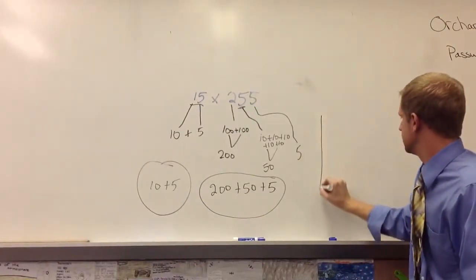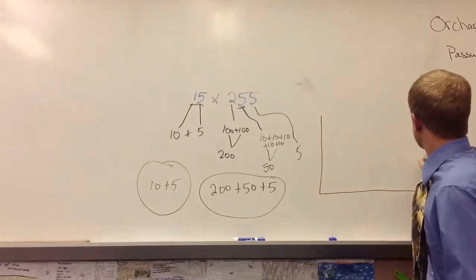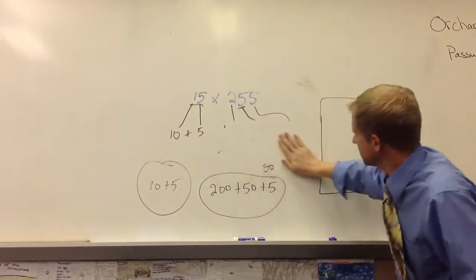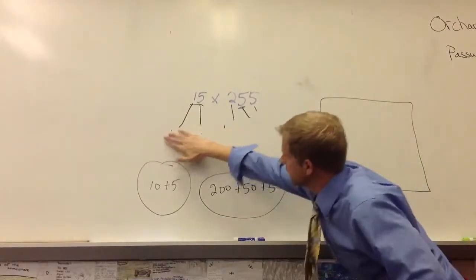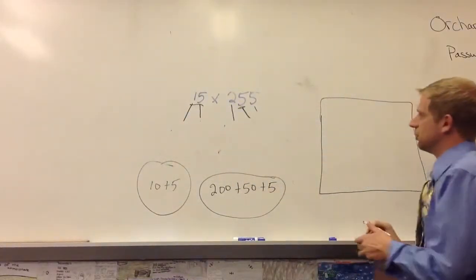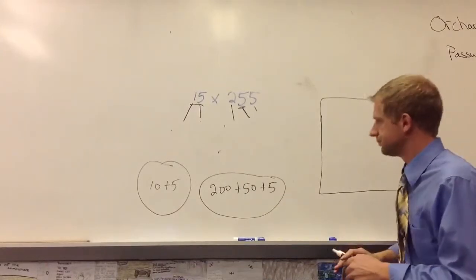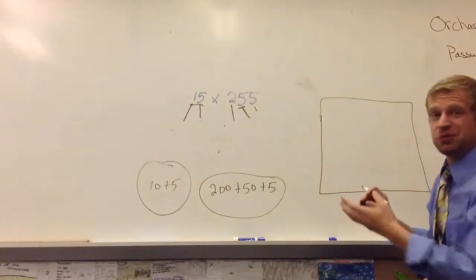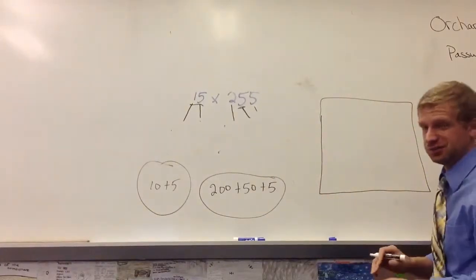So, here's our rectangle. And I'm going to erase part of this so we have room so we're not so confused. Alright. So, now we need to determine where to split our box. How many rectangles within our rectangle do we need?